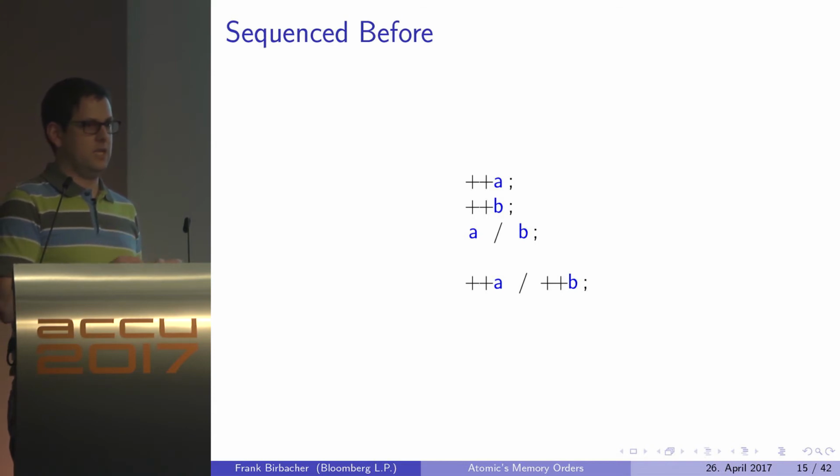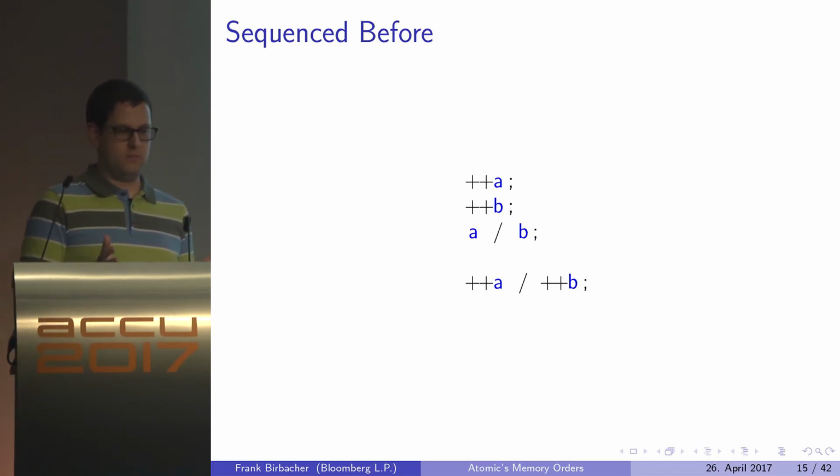It does not mean that these writes need to become visible in memory. So sequenced before replaces sequence points, but still focuses on one thread of execution. And it only affects compiler optimizations in generating assembly on that. It does not mean anything in terms of writing to memory.